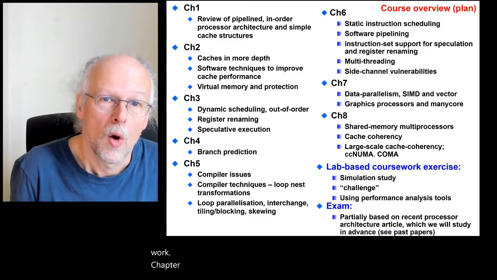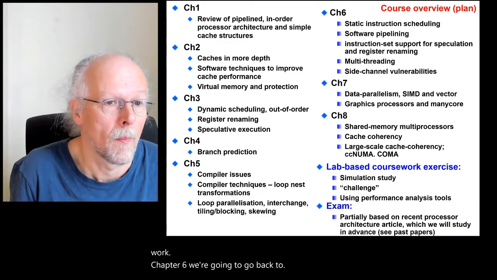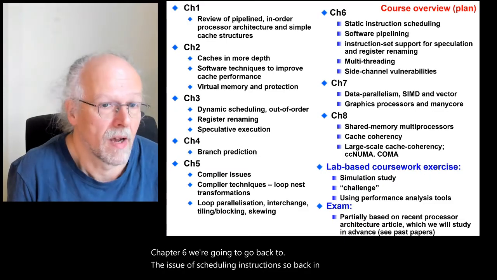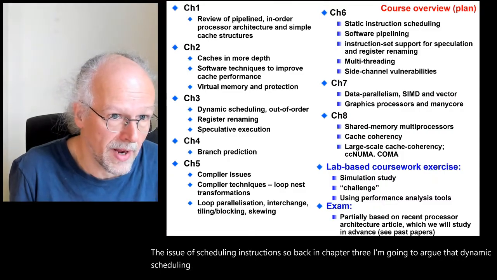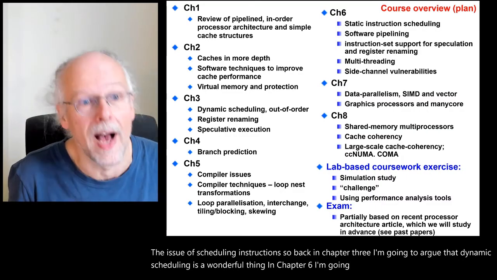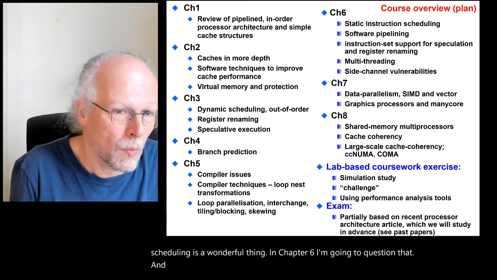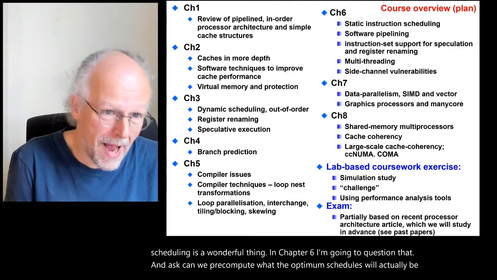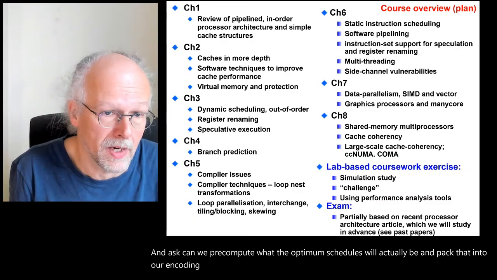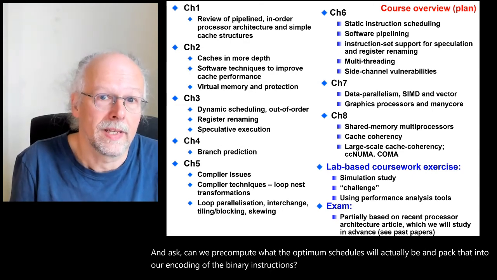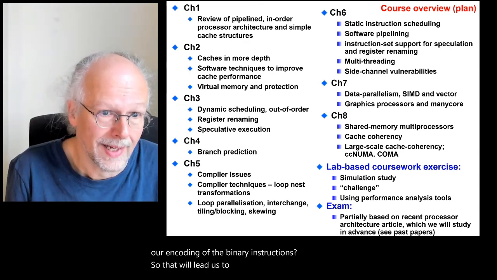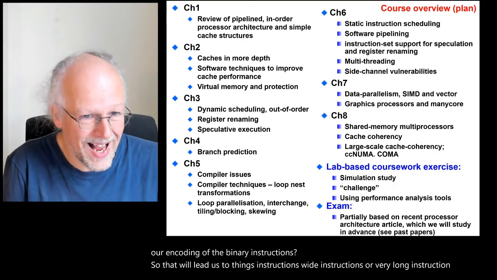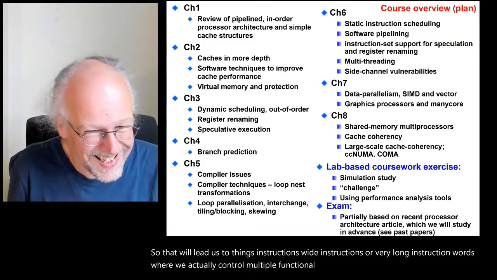Chapter 6, we're going to go back to the issue of scheduling instructions. So back in chapter 3, I'm going to argue that dynamic scheduling is a wonderful thing. In chapter 6, I'm going to question that and ask, can we pre-compute what the optimum schedules will actually be and pack that into our encoding of the binary instructions? And so that will lead us to things like wide instructions or very long instruction words where we actually control multiple functional units in a single instruction.